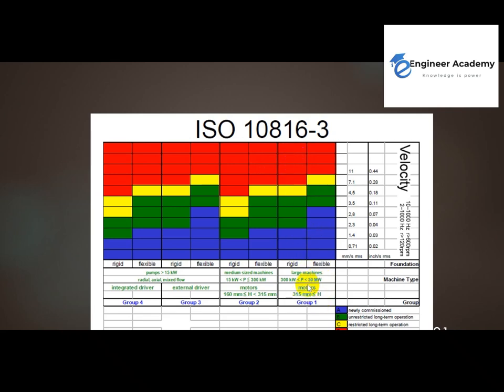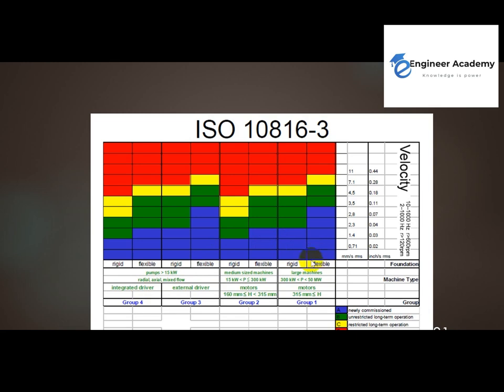Then it divides the machines according to power. As you see here, groups 1, 2, 3, 4. Group 1 is the big one, starting from 300 kilowatt up to 50 megawatt. Group 2 is a little bit smaller. Groups 3 and 4 are smaller, up to 15 kilowatt only.